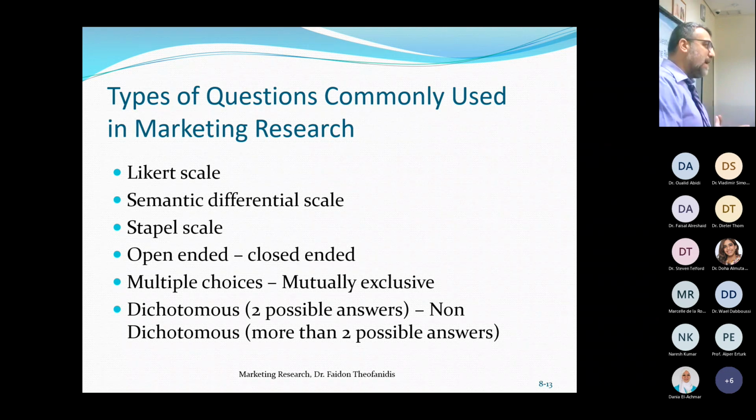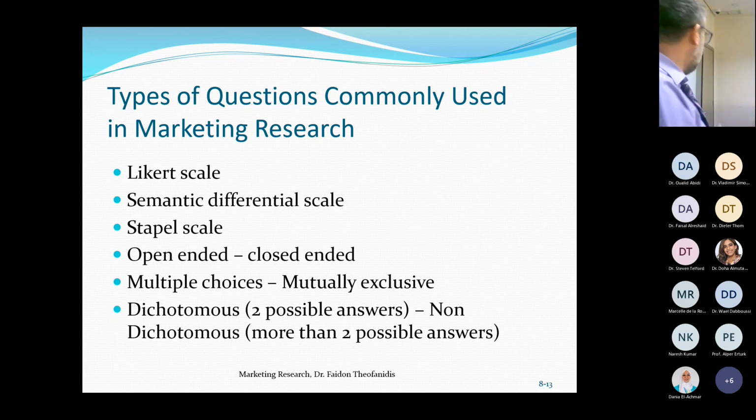For example, do you like Dr. Fatal? Yes, no. A question which is giving only two possible answers, yes and no, is a dichotomous question. Yes, true and false in the exams, correct. True and false in the exams is a dichotomous type of question.